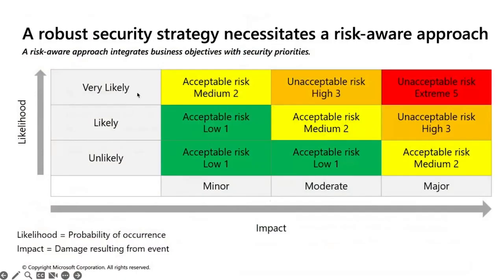Generally, if any risk is minor and unlikely to happen, you can keep it in the green category. Until moderate and likely, you can see these in the green category. These are sometimes acceptable. But warning signals start coming when any risk is very likely and goes into the major category, impacting your organization at a very great level.